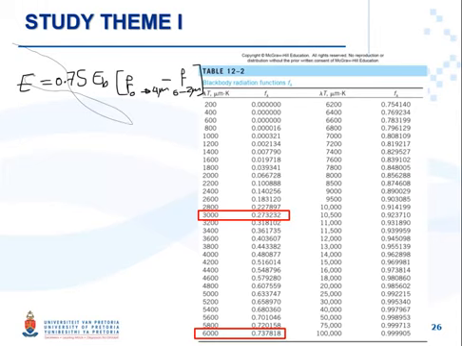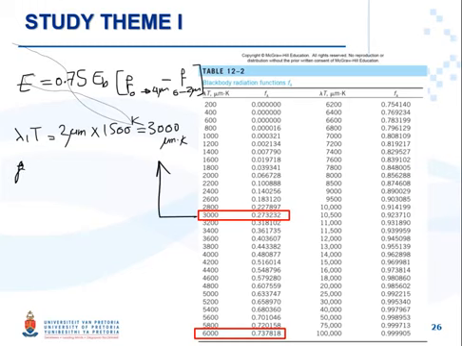So lambda 1 T is equal to 2 micrometer multiplied by 1500, so it will be 3000 micrometer Kelvin. We go and we find 3000, so we find that one. The F of 0 to 2 micrometer, from the table we have it 0.273232.